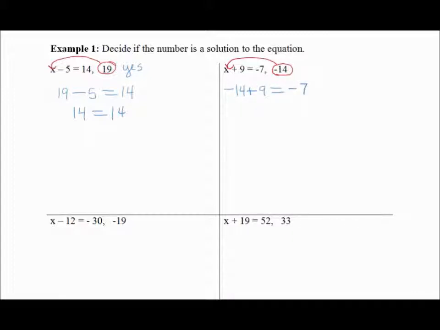Well, negative 14 plus 9 is negative 5. So clearly that is not equal to negative 7. So this one would not be a solution. Negative 14 is not a solution to this equation. So I'm just going to put no, that negative 14 is not a solution to the equation.